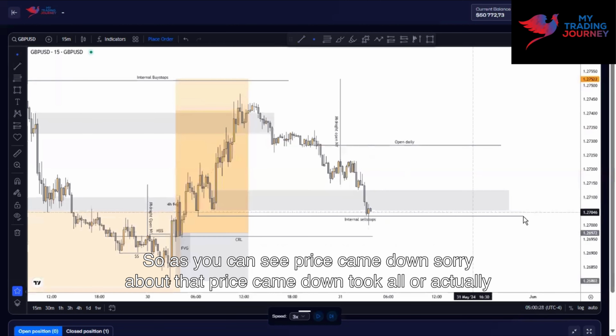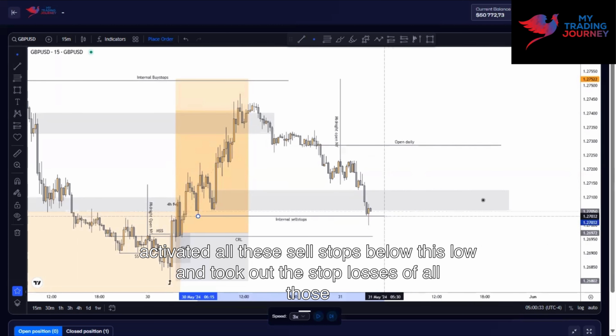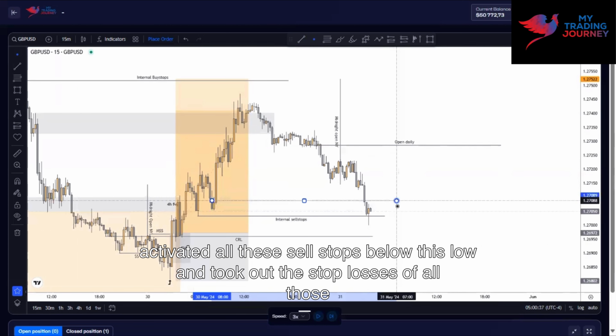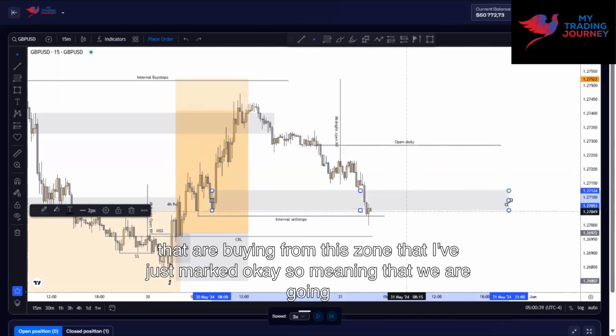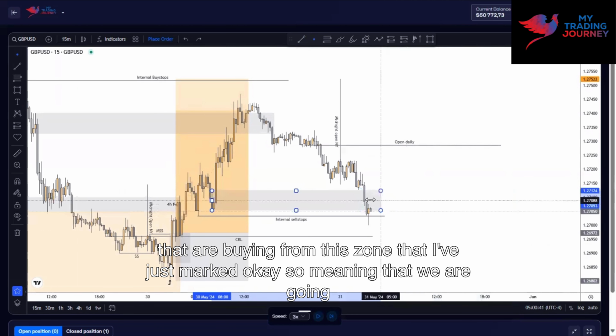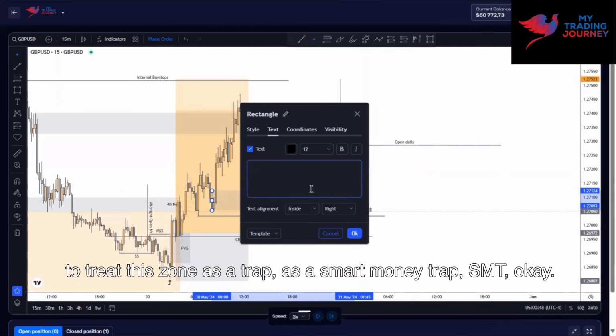Price came down, took all, or actually activated all these sell stops below this low, and took out the stop losses of all those that are buying from this zone that I've just marked. Okay, so meaning that we are going to treat this zone as a trap, as a smart money trap, SMT.